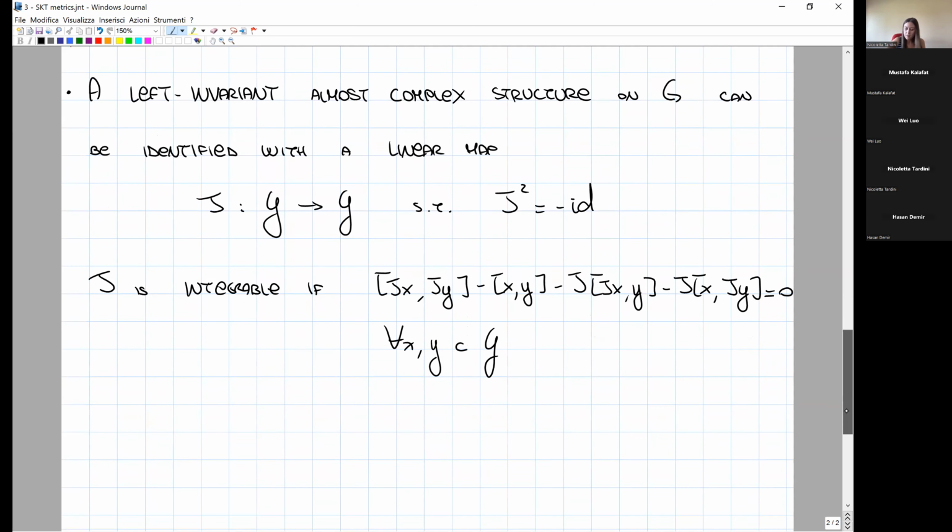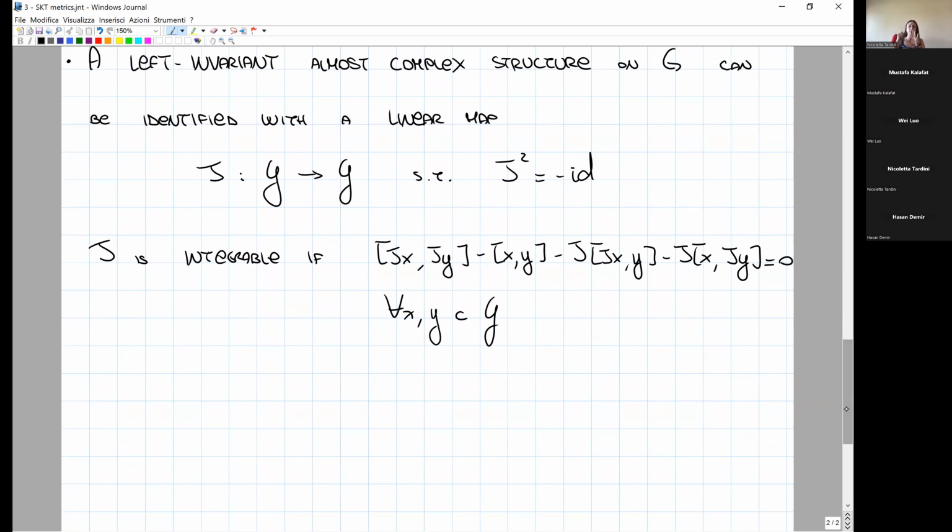Okay, so we have the standard integrability condition for the Nijenhuis tensor to vanish.